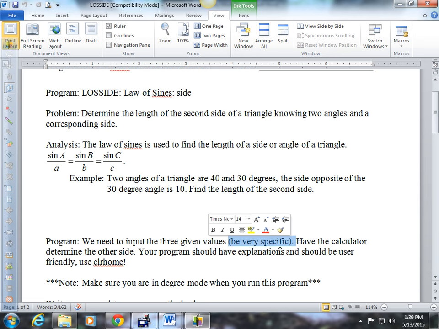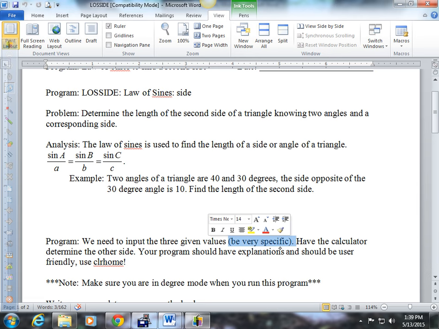It cannot just be side, angle, second angle. That will not fly for this one. If anybody other than you is using it, they're not going to know which angle to put in. Whereas if you put side, corresponding angle, the user knows, okay, I've got to put in the angle that is opposite of that other one that I put in. So you've got to be very specific on both of these programs.